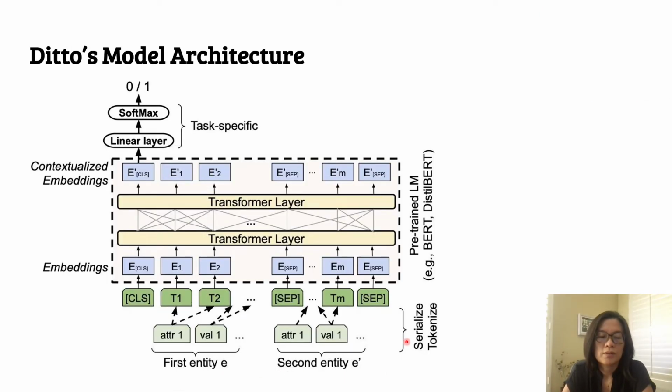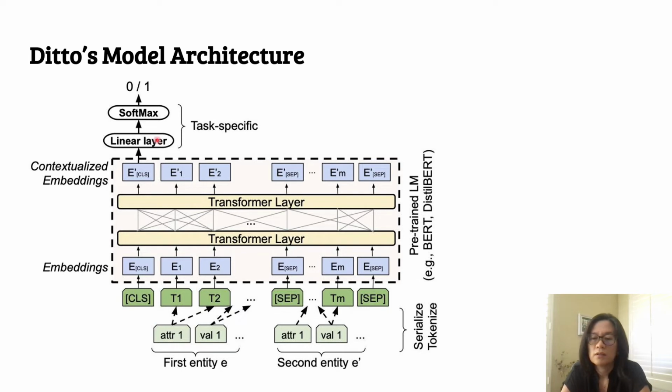The serialized and tokenized output is passed through BERT. The CLS token here, which summarizes all the contextual information of the two records as a contextualized embedding vector, is then passed to the task-specific layers for prediction. Intuitively, this CLS token is expected to capture the representation of the entire sequence, which means both entities in this case, and can thus be used to decide whether the two entities match or not.